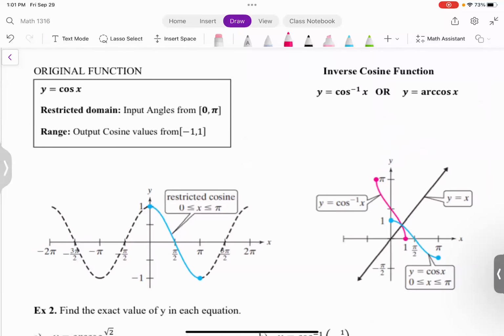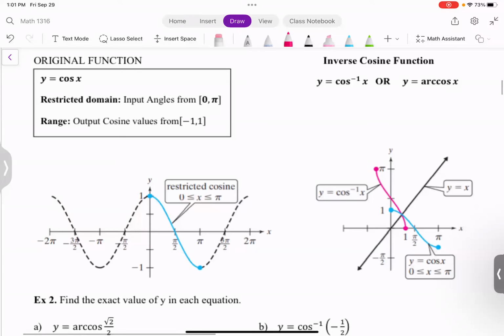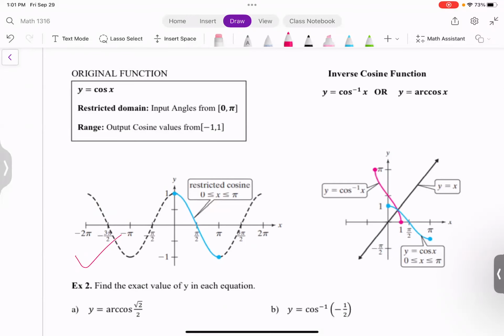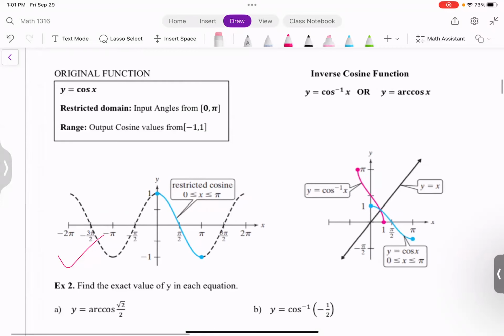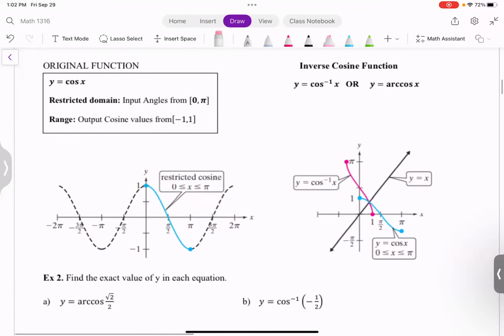Okay, we will work on the cosine function. The graph of the cosine function is here. This is not a one-to-one function, so I can only choose one specific interval to make it one-to-one. From 0 to pi, the graph is like this, and this is a one-to-one function.